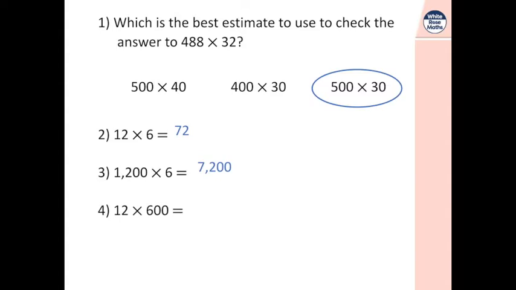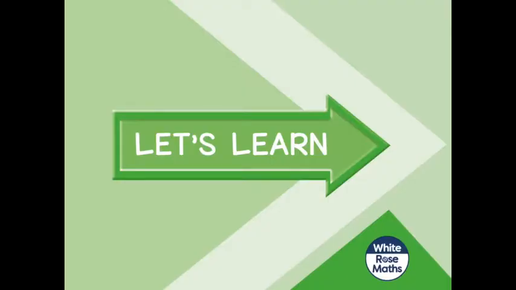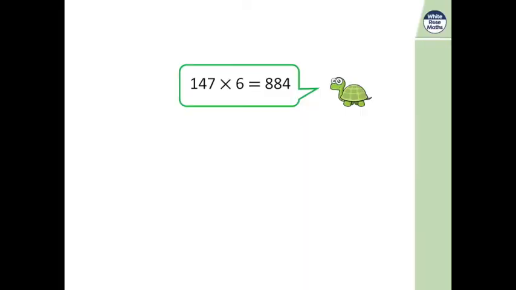And the reason for that is because we can use the facts associated with 12 times 6 is 72. 120 times 6 is 720, and 1,200 times 6 is 7,200. 12 times 600 is 7,200 also. Think about it this way: 12 times 6, 72, 12 times 60, 720, and 12 times 600, 7,200.